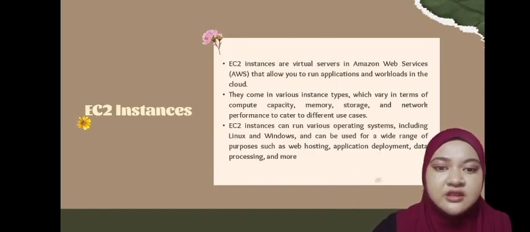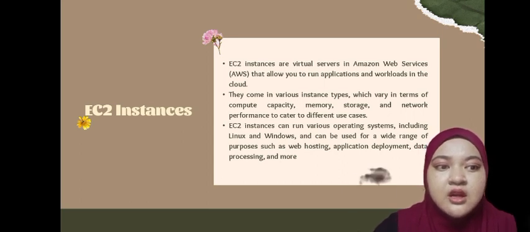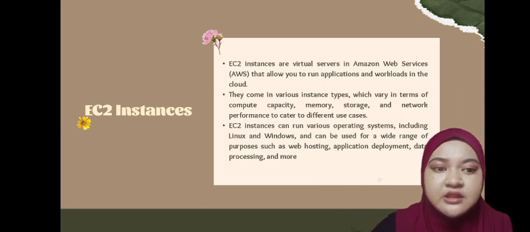EC2 instances are virtual servers in Amazon Web Services that allow you to run applications and workloads in the cloud. They come in various instance types, which vary in terms of compute capacity, memory, storage, and network performance to cater to different use cases.